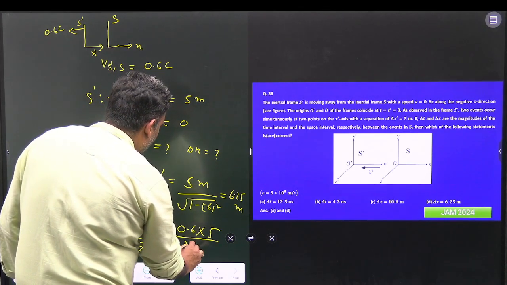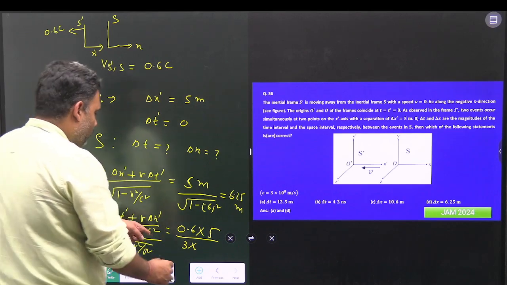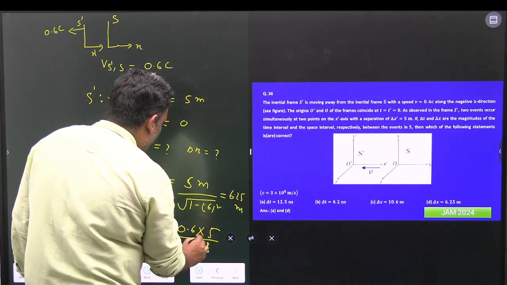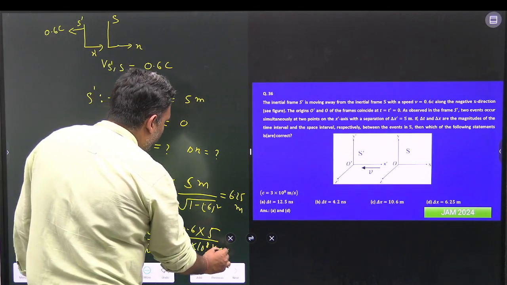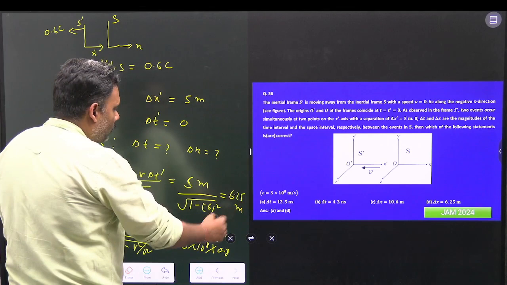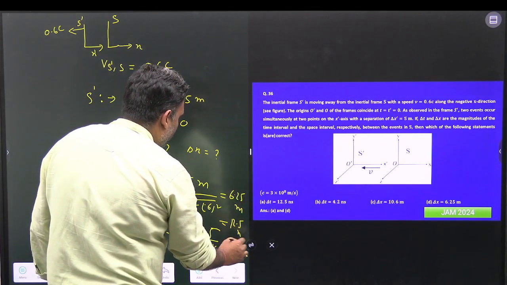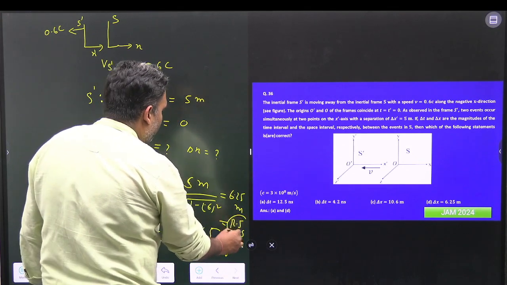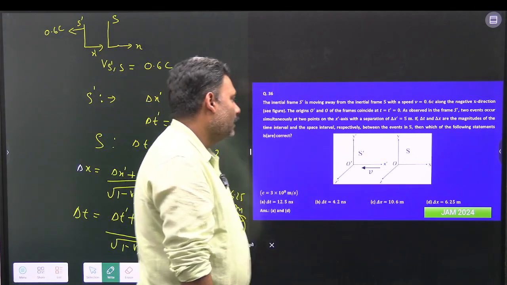This c will be cancelled out, so we get 3 into 10 to the power 8 here, and the denominator value is 0.8. Once you calculate, the value comes out to be 12.5 nanosecond. So yes, option A and option D are the correct options.